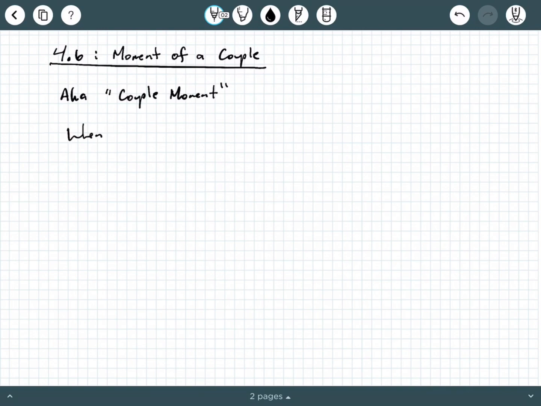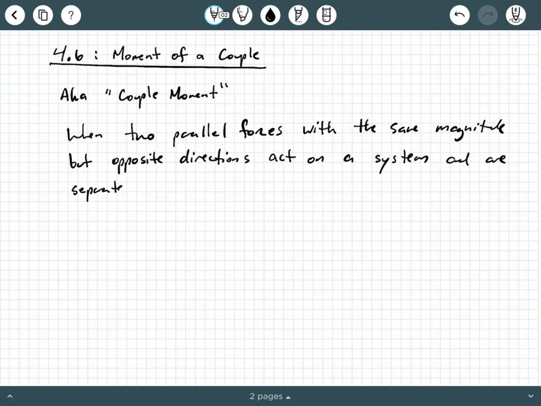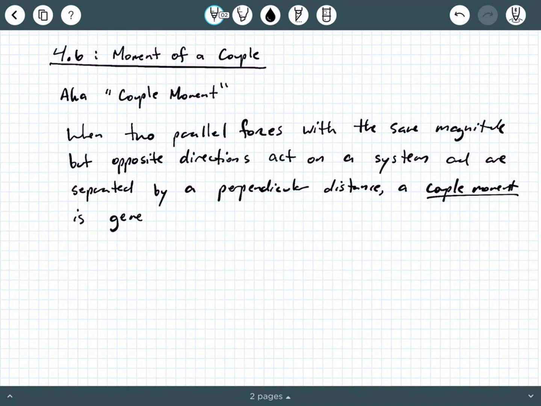So when two parallel forces with the same magnitude but opposite directions act on a system and are separated by a perpendicular distance, a couple moment is generated.